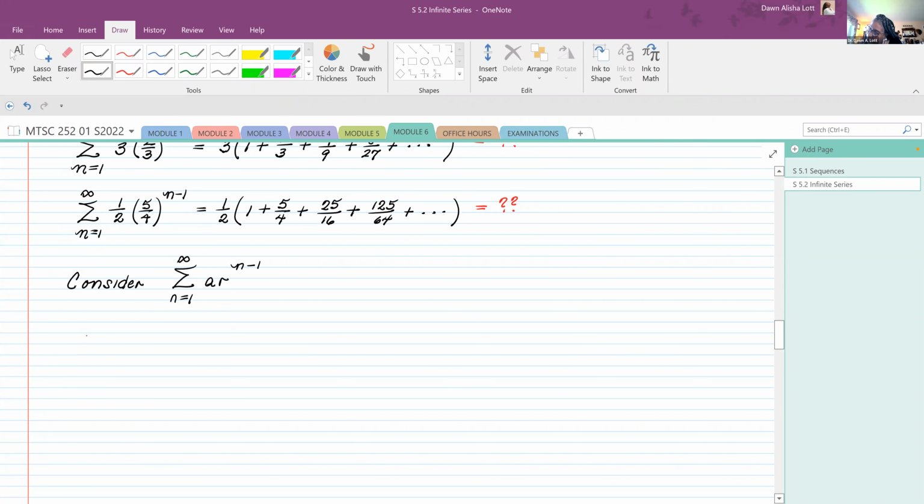So the nth partial sum is a plus a times r plus a times r squared plus a times r cubed plus dot dot dot plus ar to the n minus 1. So that's the nth partial sum of this geometric series. A geometric series always has the same form. Okay, that is the form of a geometric series.